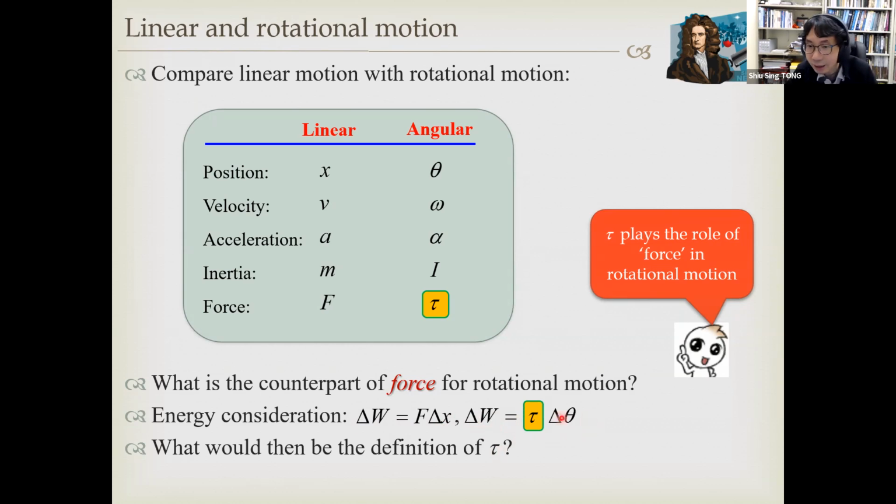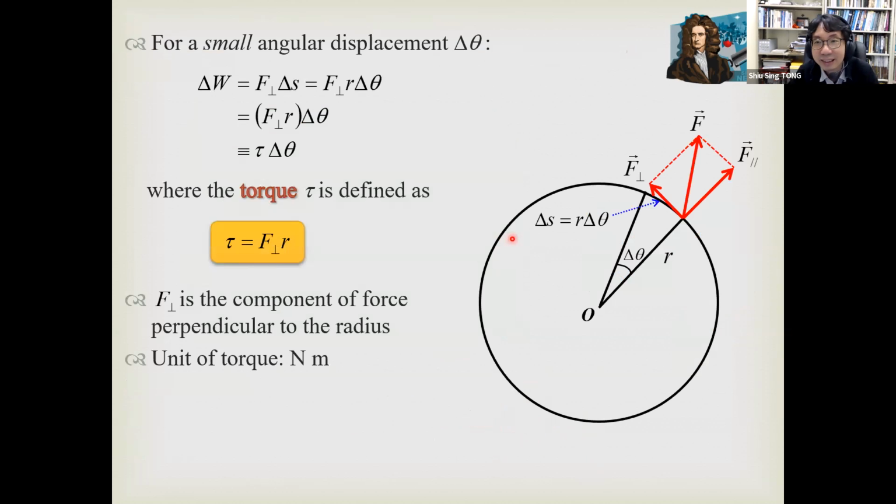So let's see what this will bring us, what expression of tau this definition will bring us. Now we consider an object in circular motion again for simplicity. The force applied on that object may be in a general direction, but we resolve the force into two components.